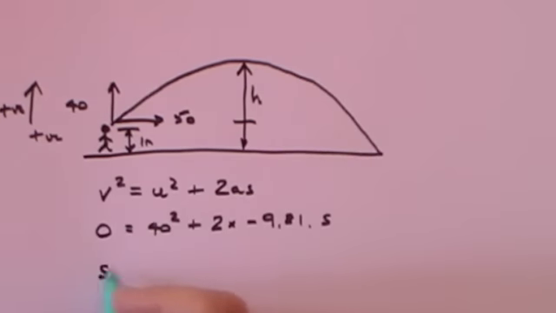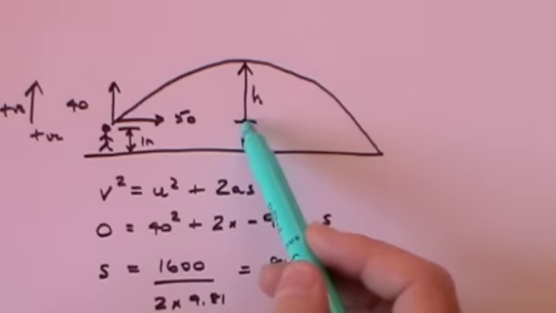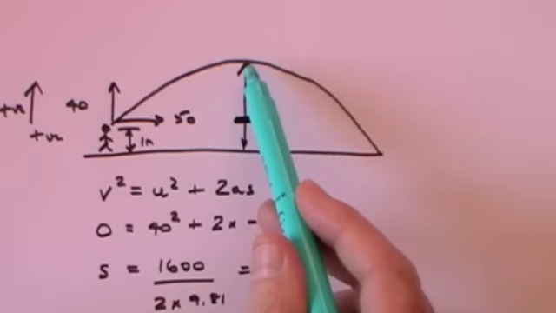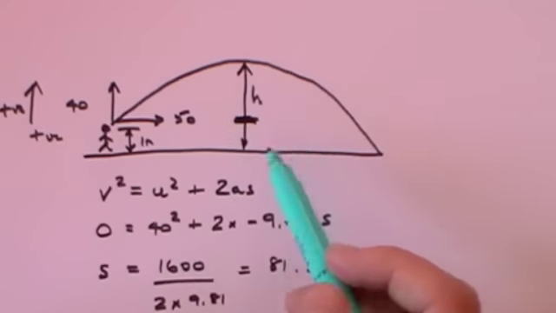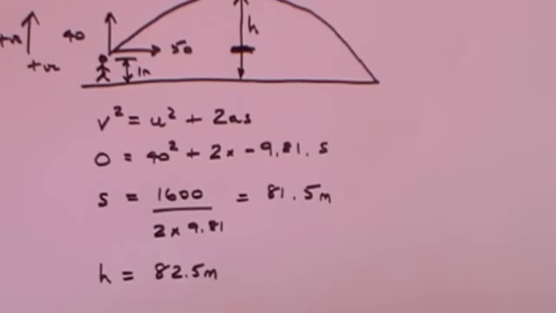And that gives us that s is equal to 40 squared, which is 1600, divided by 2 times 9.81, and if you do that on the calculator you'll get 81.5 meters. So s is the distance from where the ball is thrown to the top of its trajectory. But that is 1 meter above the ground, and so the total distance h is 82.5 meters, because as we said, you have to add 1 meter to the distance s.